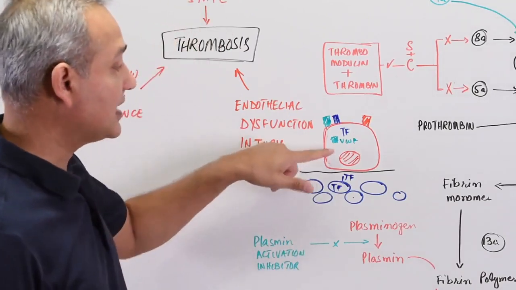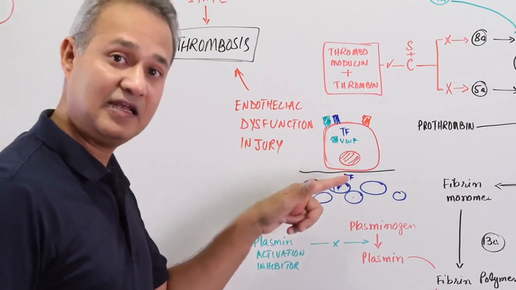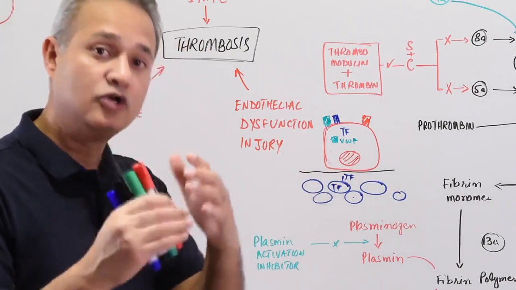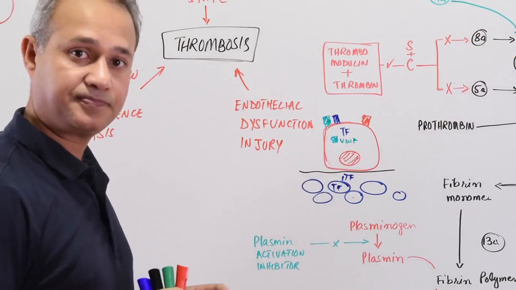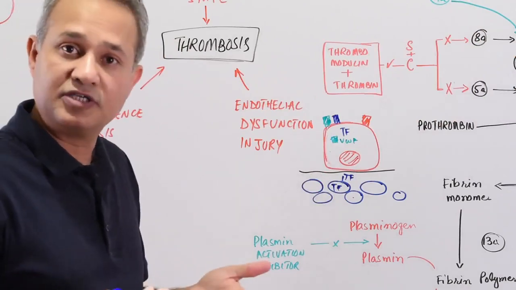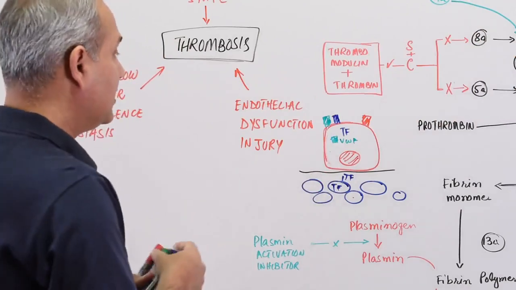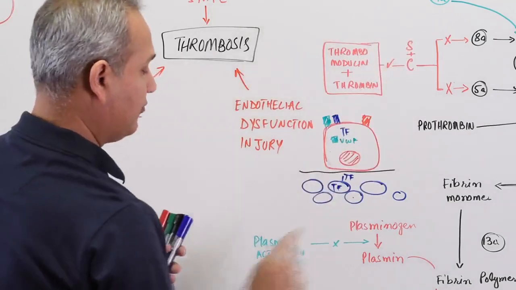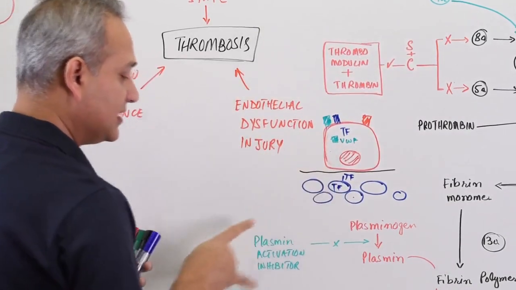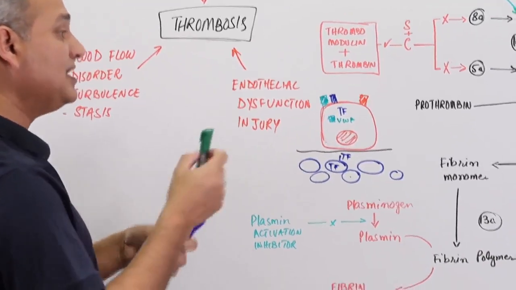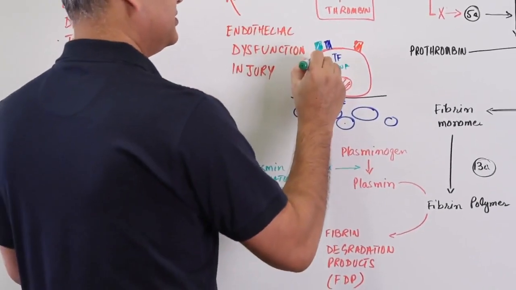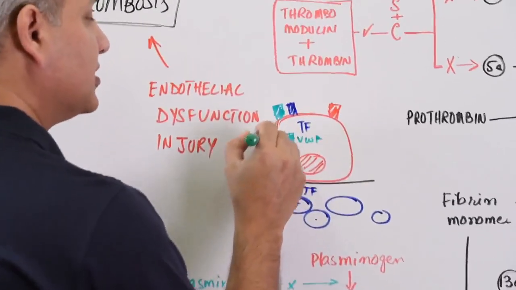These kinds of factors can make an intact endothelial cell express tissue factor and start this cascade of coagulation. So that is another procoagulation mechanism. Similarly, endothelial cells also express plasmin activation inhibitors, PAI, on their surface.